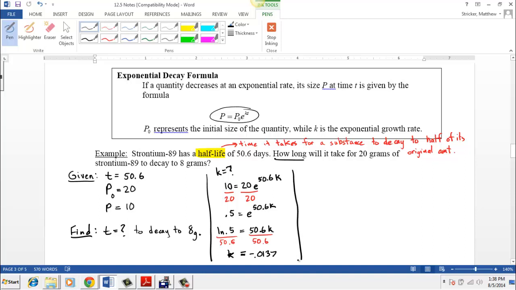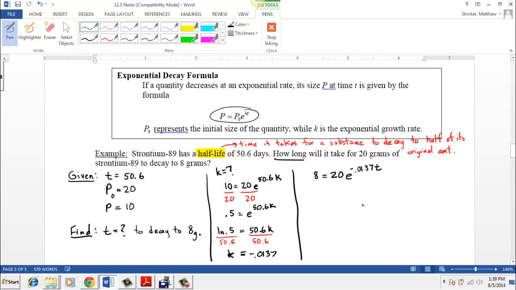So now we move to the second step. We actually solve the problem. How much time t does it take to decay to 8 grams? So instead of the future amount being 10, so we're not talking about half-life anymore, we're talking about decaying to 8 from 20. Initial 20, future 8 equals e to the k, negative 0.0137, times time.